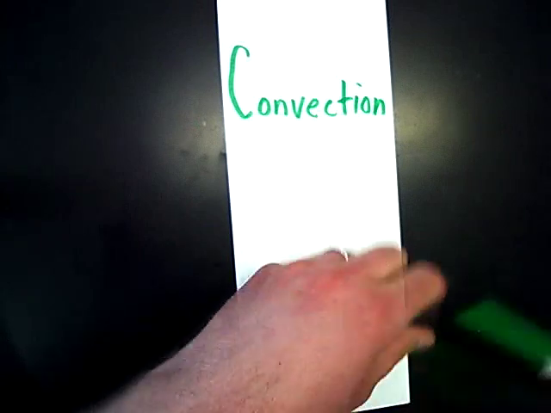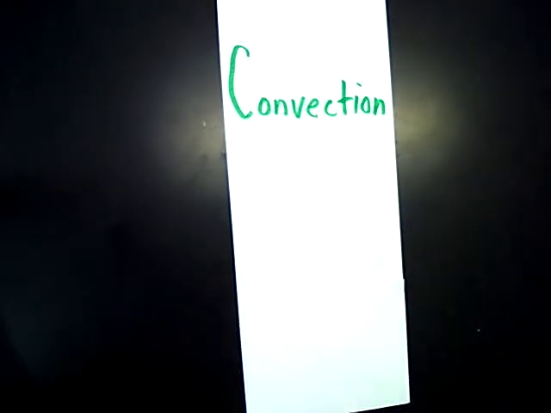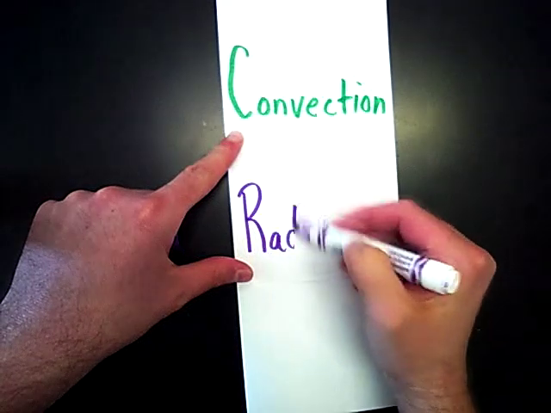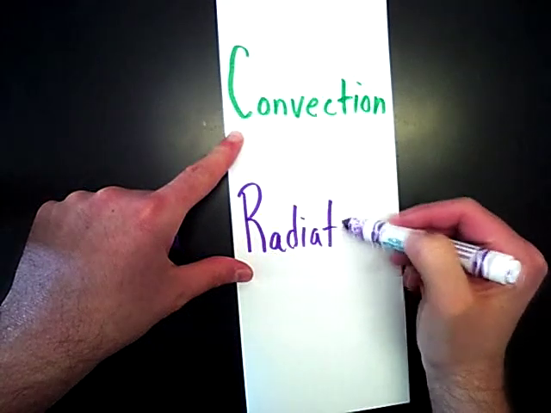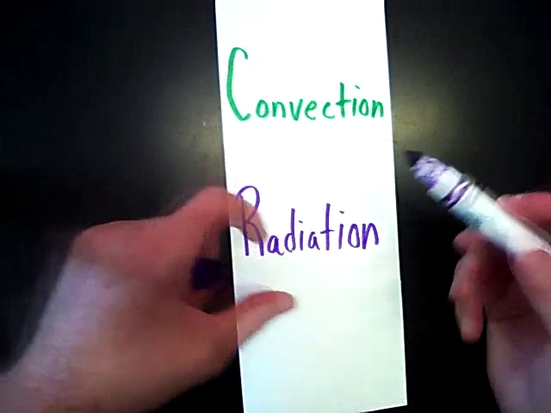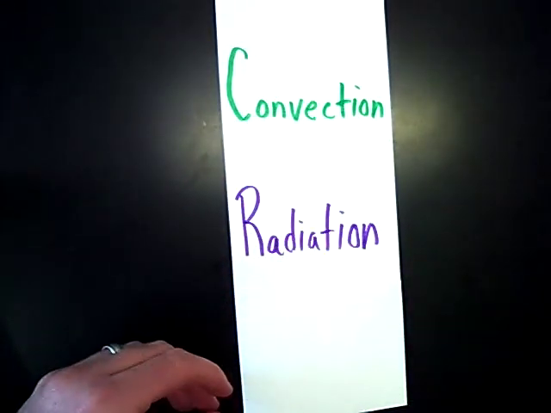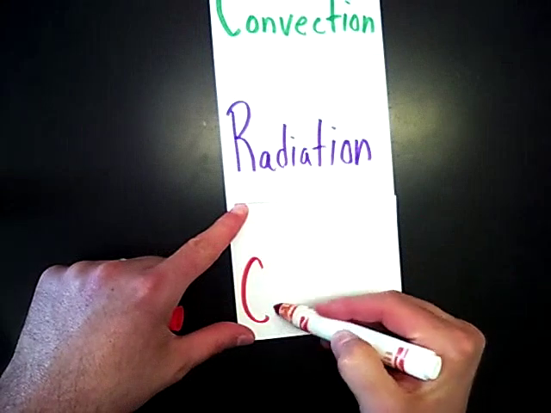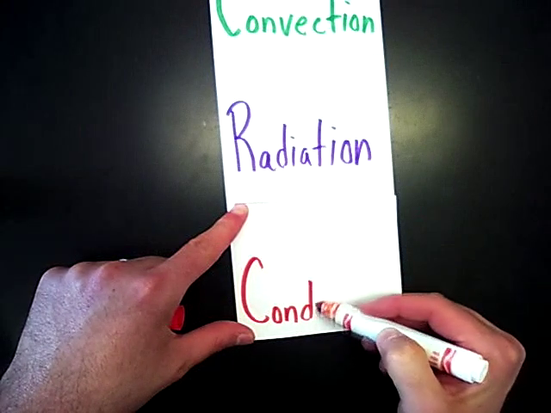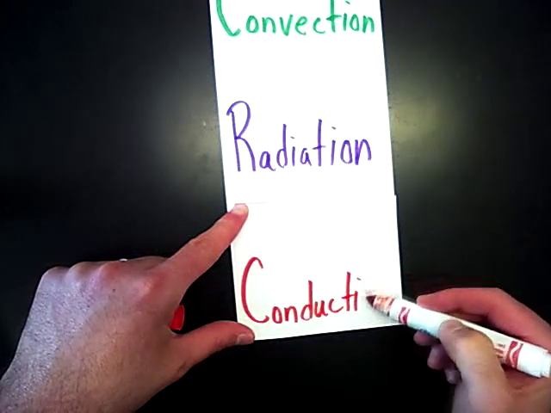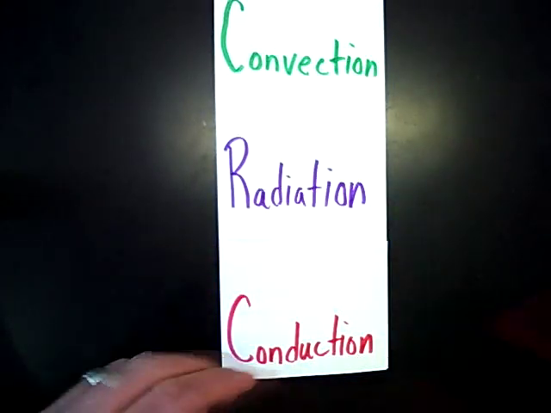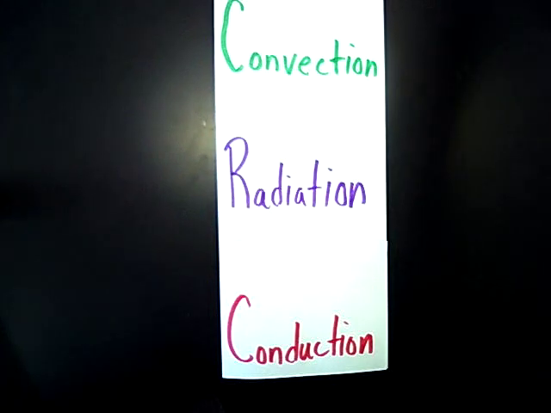The second way is radiation. And then we have conduction. So those are the 3 ways that thermal energy can be transferred or moved.